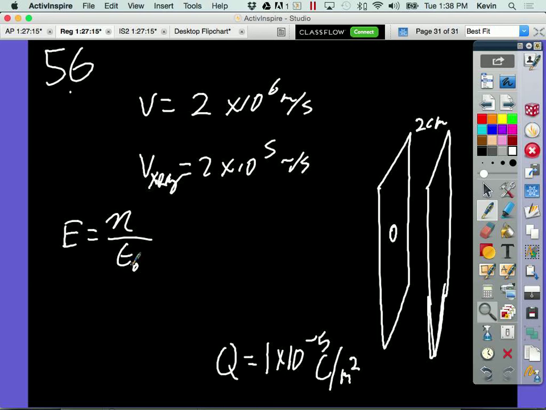Do you remember what nu stands for? This says Q, but this is actually nu. Does everyone see that?